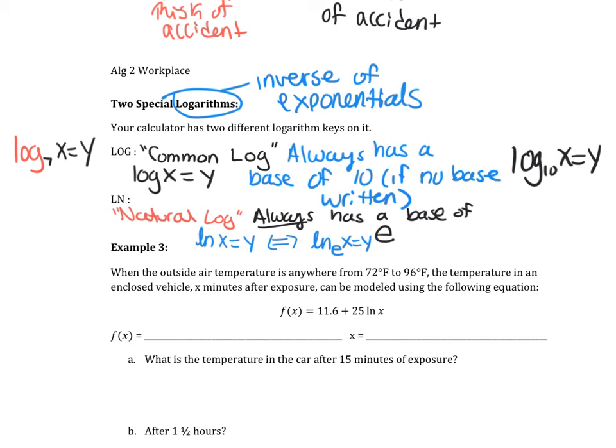So we need to define our variables. It's telling us that the temperature in an enclosed vehicle can be modeled using that equation. So that means f of x is representing the temperature inside the vehicle. If I could spell vehicle correctly. And it's in degrees Fahrenheit, because that's the temperature that we were given.